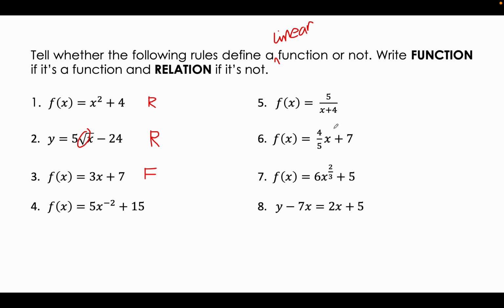So number 5, is it a linear function or not? Not a linear function because the variable x here appeared in the denominator. That's correct. Therefore, our answer here is relation. So this is also relation.